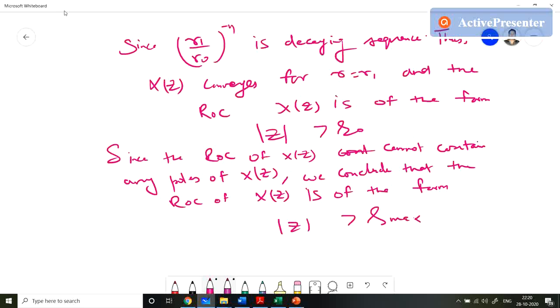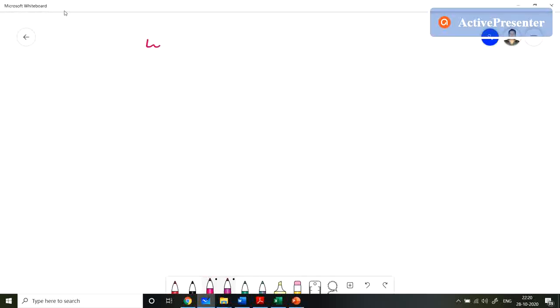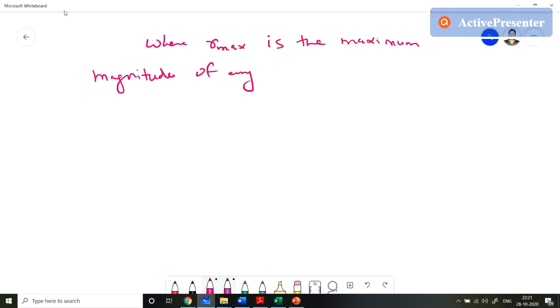And what is r max? Here r max is the maximum magnitude of any poles of X(z).